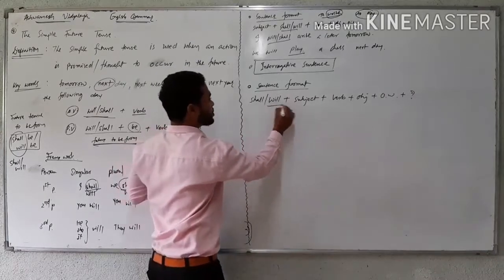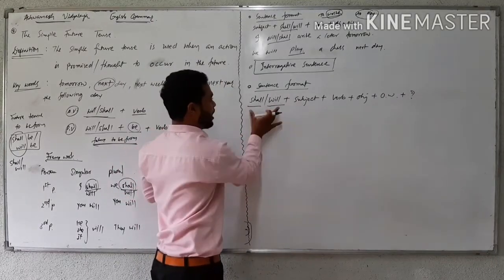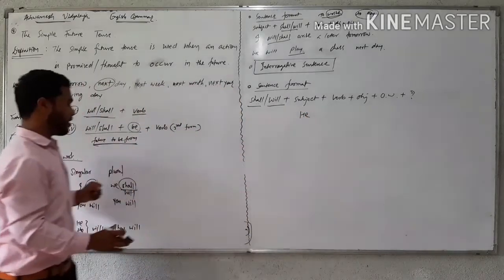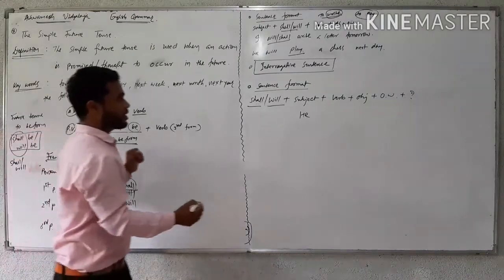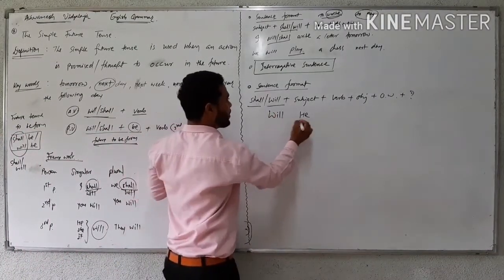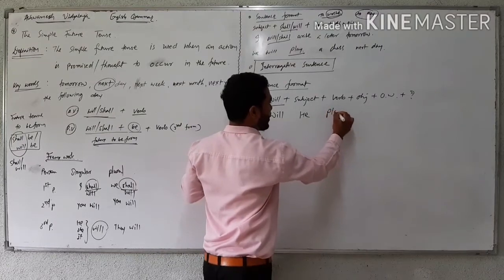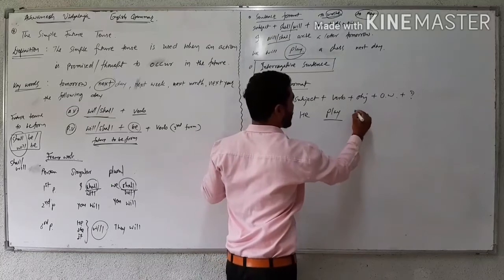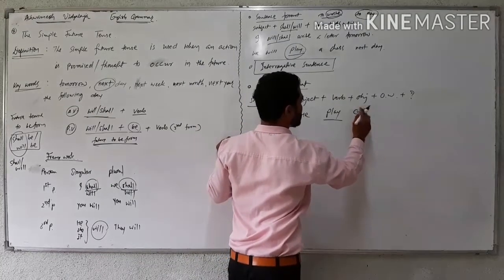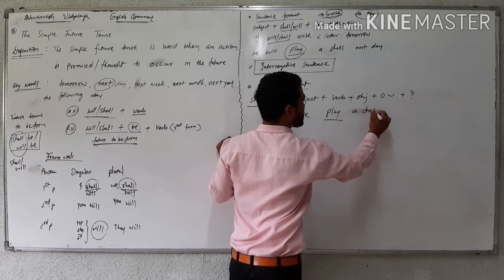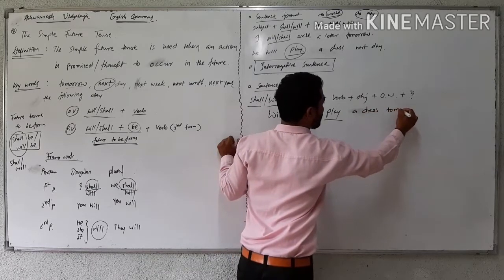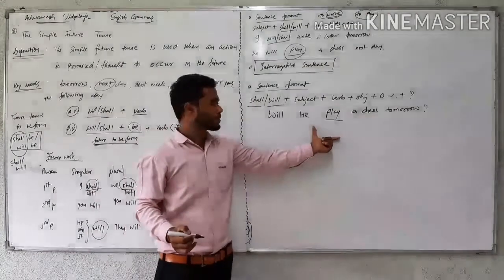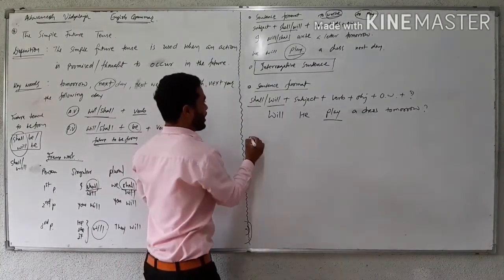Here we use shall or will, the helping verb suitable with the subject. If we use the subject he, the suitable helping verb is will. Will he play chess tomorrow? It's a question.